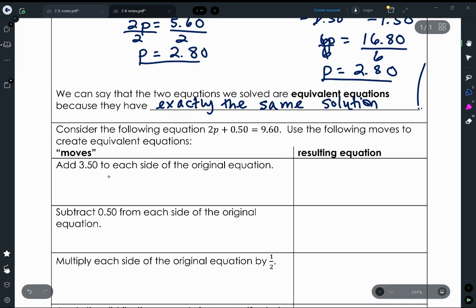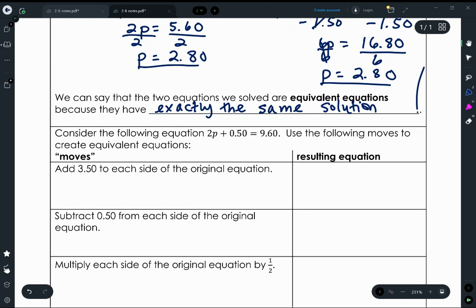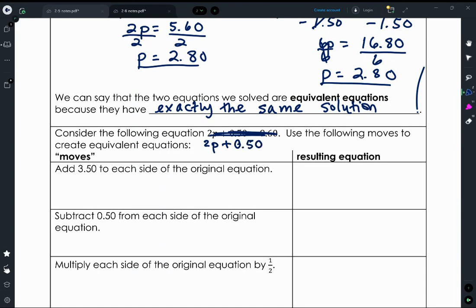So if I had 2P, and I believe that this is wrong right here. I think we want it to be what we had originally. Let's see, we had 0.50 and we had $6.10.